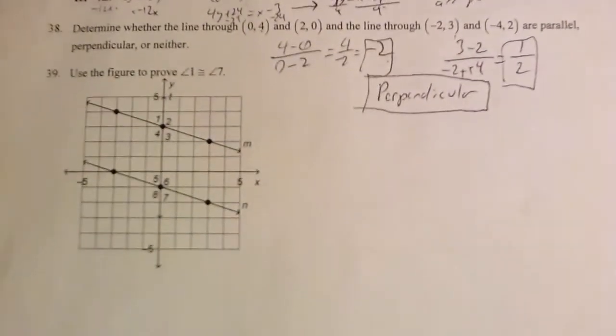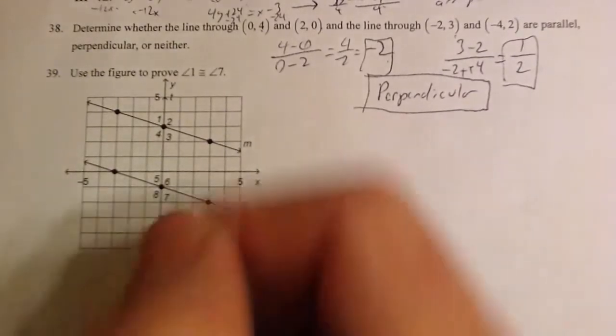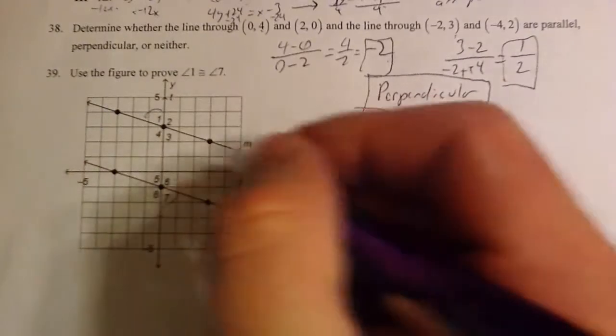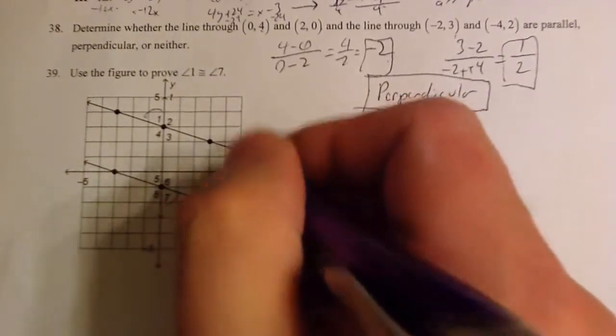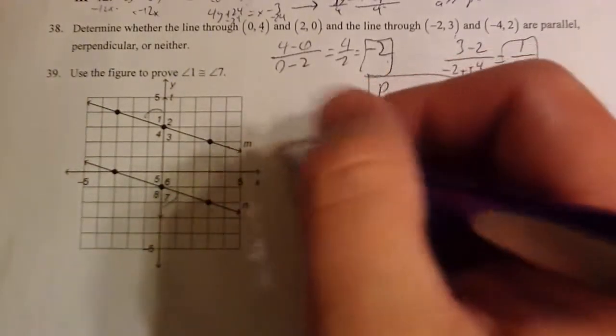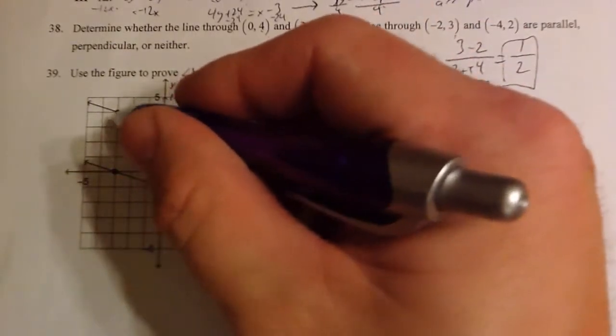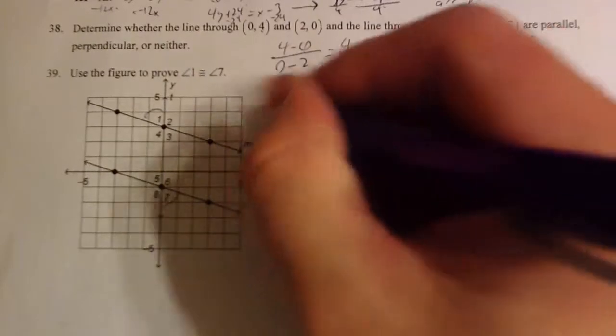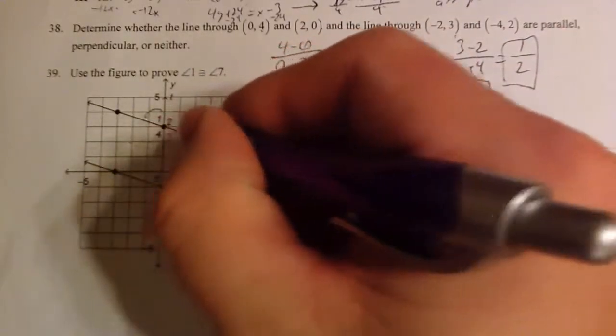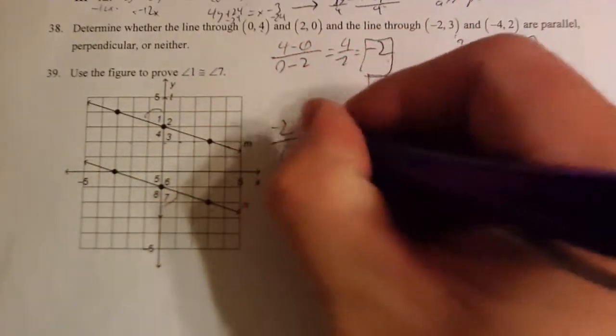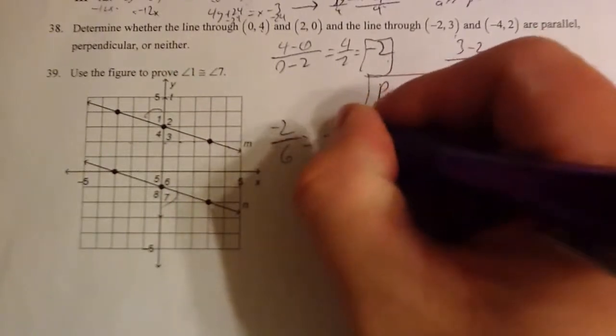All right, use the figures to prove that angle 1 and angle 7 are congruent. Well, if these two angles are congruent, that means these two lines have to be parallel. If they're parallel, they have to have the same slope. So let's find the slope for m. Our rise, in this case, is going down 2 over 1, 2, 3, 4, 5, 6 for our run, which reduces down to negative 1/3.